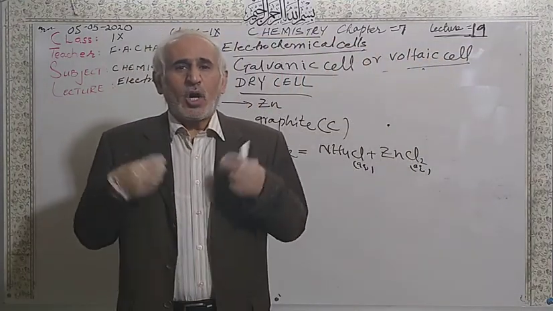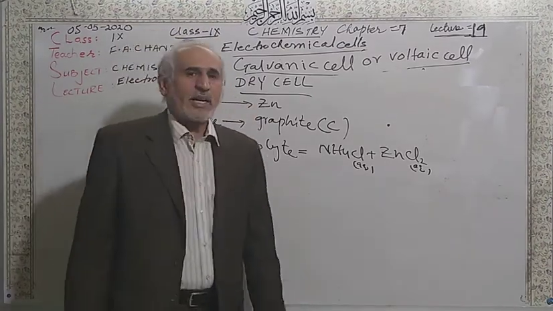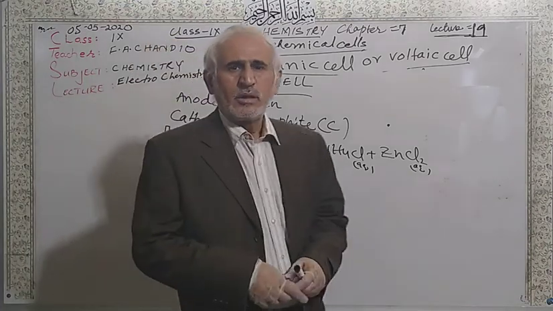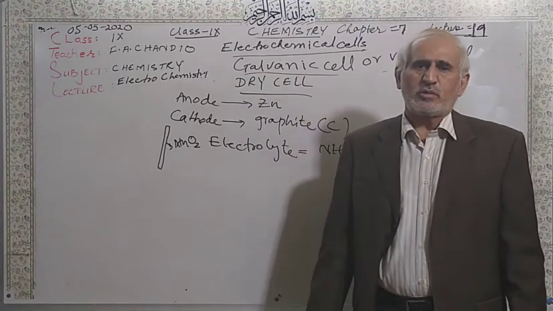Sometimes they ask only to write down the half cell reaction in the dry cell. Small questions may be asked. And if you have to write a note, this will be the long question for you.